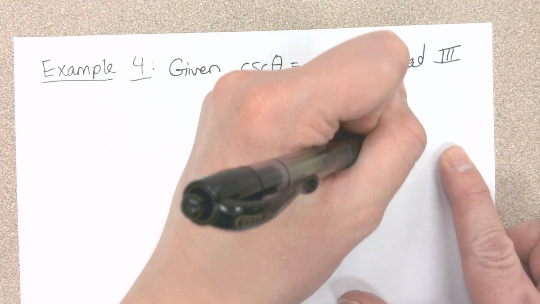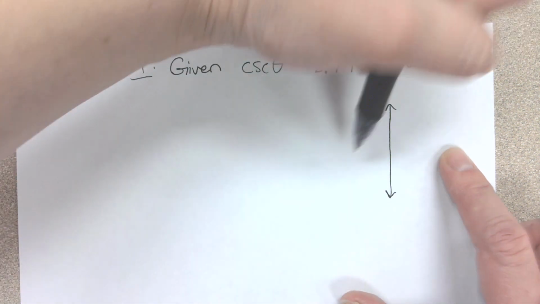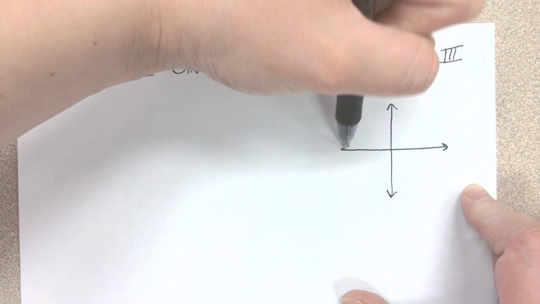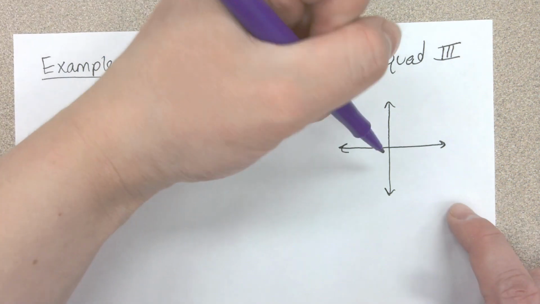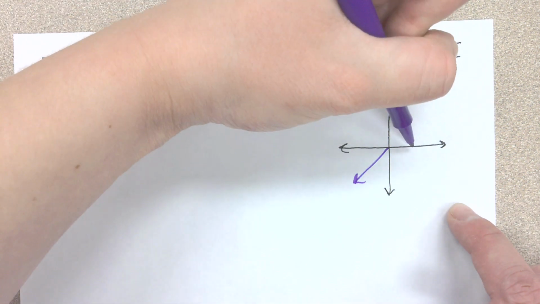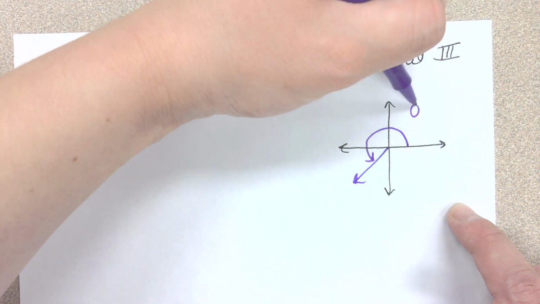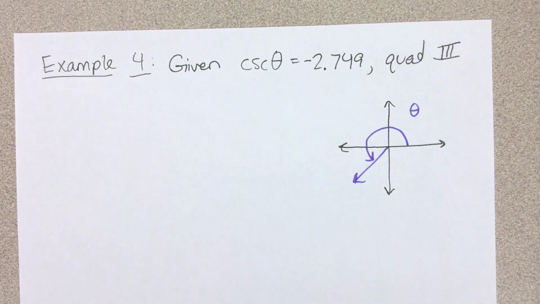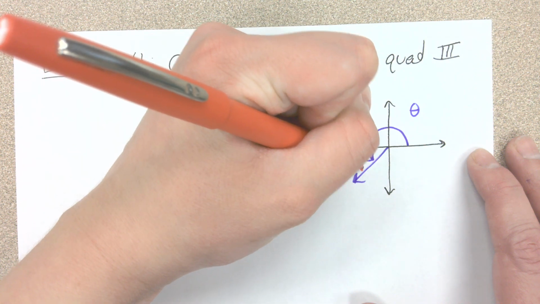Again, let's just start with a visual. Draw our angle in quadrant 3. Angle of rotation labeled with a theta. Alpha goes from the x-axis to the angle.